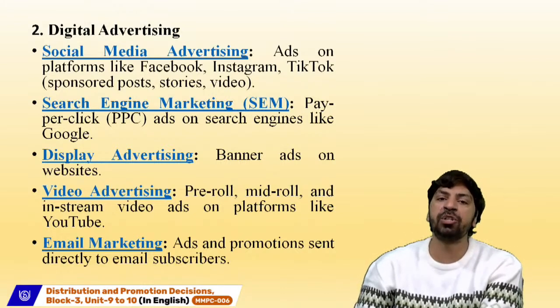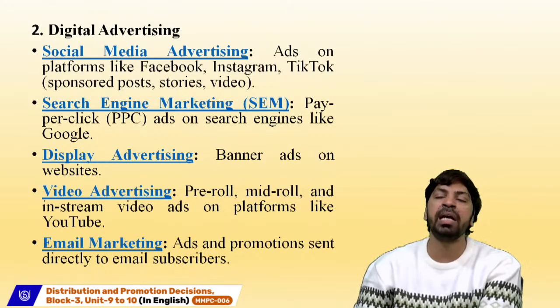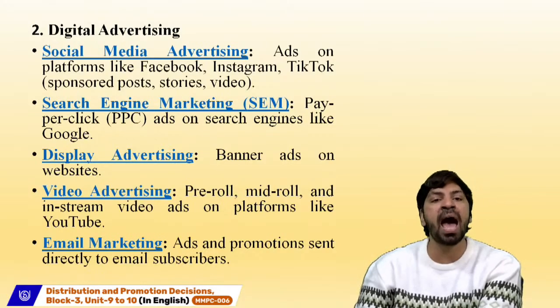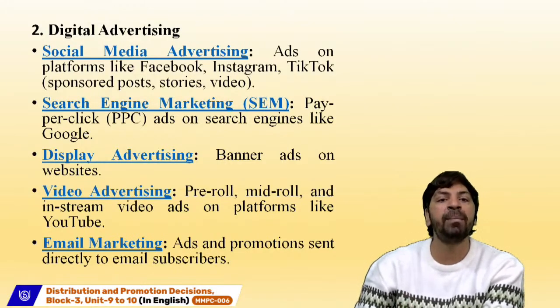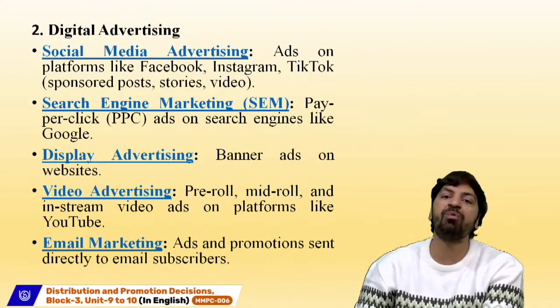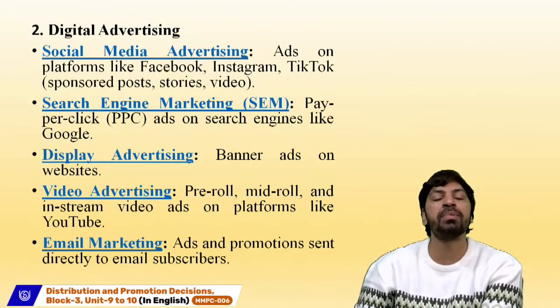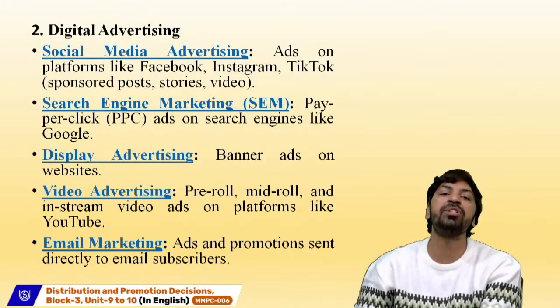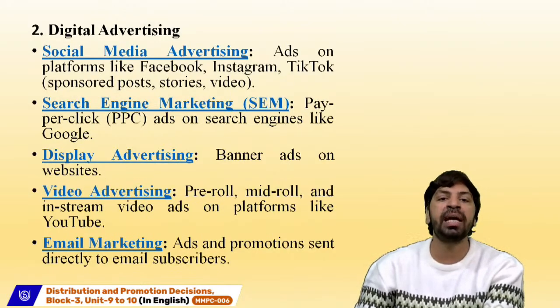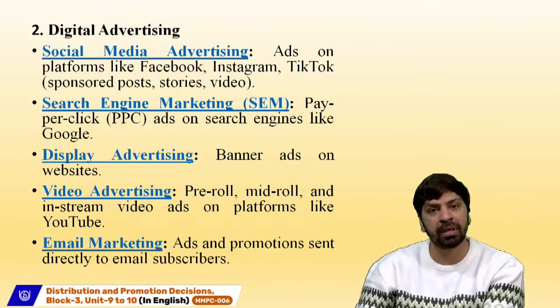Next is display advertising. It refers to banner ads on websites. Next is video advertising. It's pre-roll, mid-roll, and in-stream video ads on platforms like YouTube. Next is email marketing. It refers to ads and promotions sent directly to email subscribers.